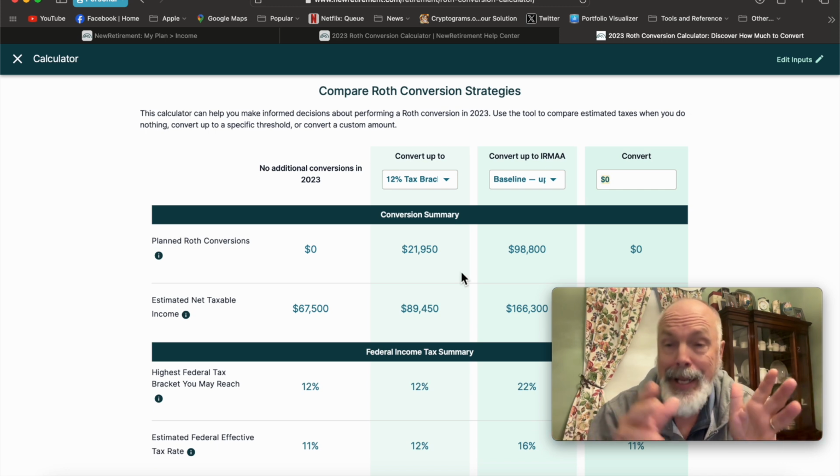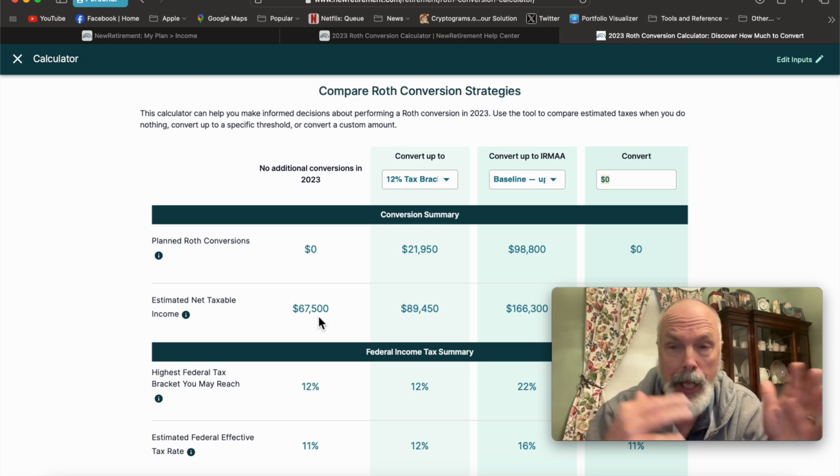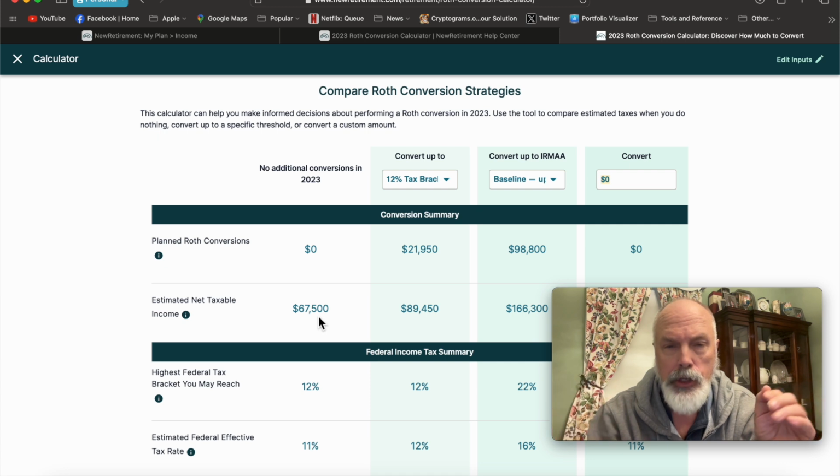All right, so in this next page, then you get what happens if you have no additional conversions. Your estimated taxable income would be $67,500, and that is your AGI minus the standard deduction. The next column over is if you converted up to the top of the 12% tax bracket.